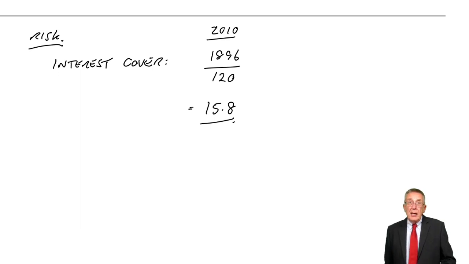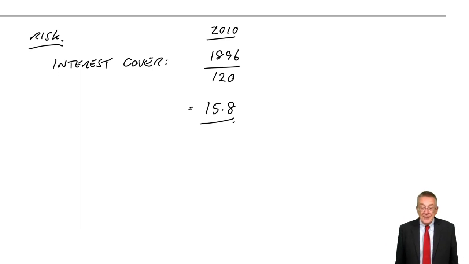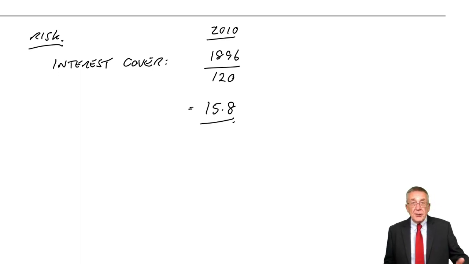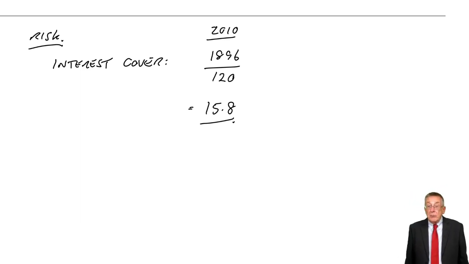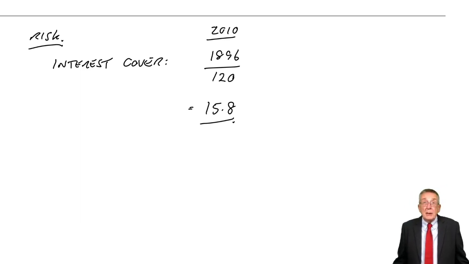If the profit was only 130, okay, we can pay the interest, but only just. It would only need a tiny fall in the profit next year and we couldn't pay the interest, we might have to close down. It'd be much more risky.